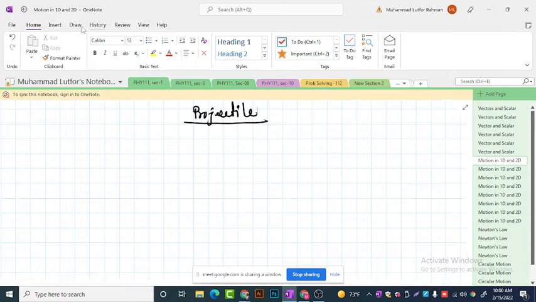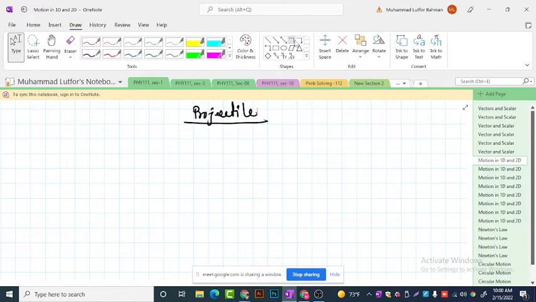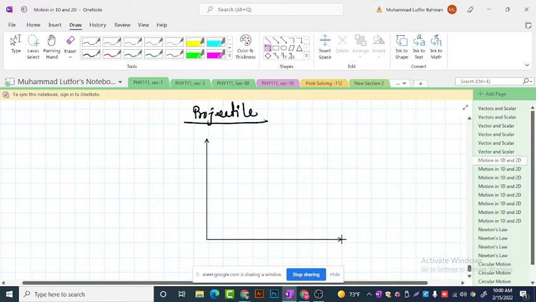Say for example, if I draw it for you, say this is a familiar Cartesian coordinate system. Say this is my x axis, and this is my y axis. If I project a particle in that direction with an initial velocity v, making an angle theta, it will follow that path.